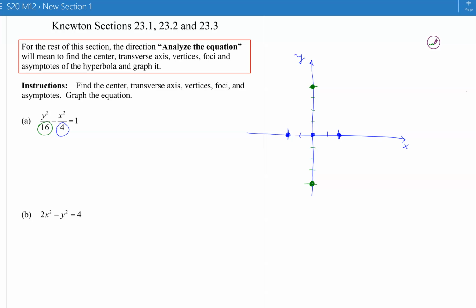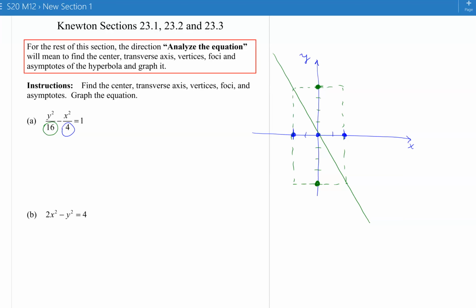Now I'm going to use those dots to draw a rectangle where the dots are the centers of the sides of the rectangle. So there we go. Then draw the diagonals of the box. And those are the asymptotes.